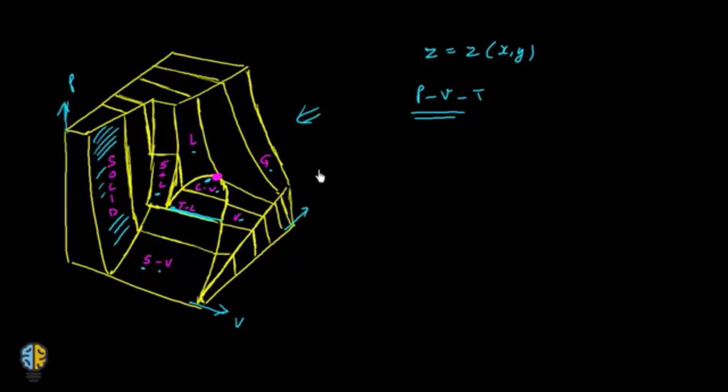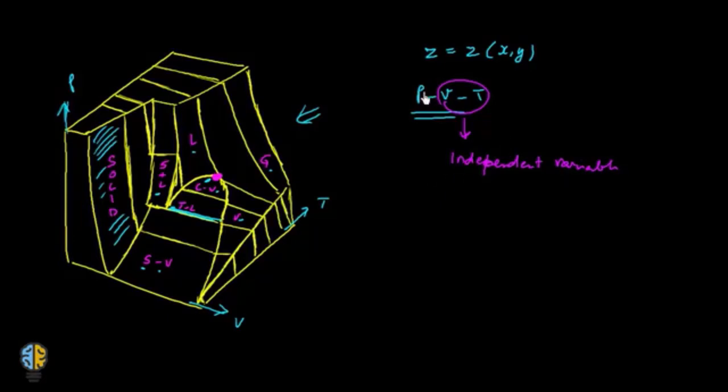Now the temperature and volume can be viewed as independent variables. These are the base variables, I would say. These are the two independent variables.